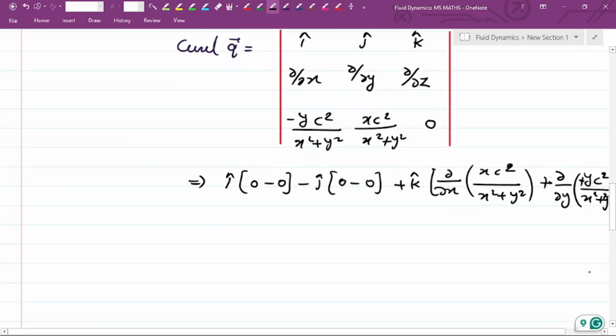So after solving all this, we'll get 0. We have already discussed this topic.